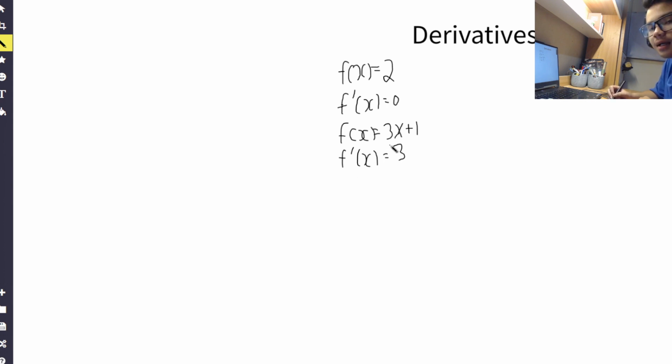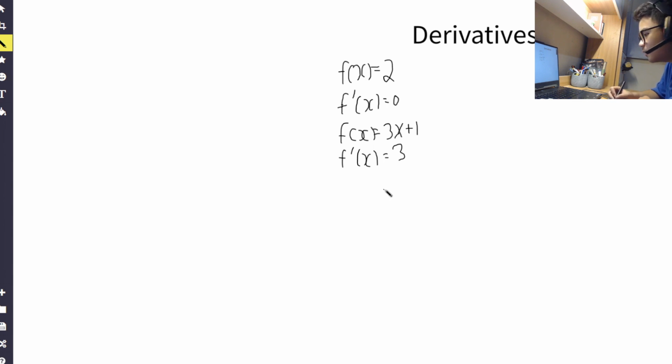If there's a variable and there's also a coefficient, when you take the derivative, the variable will be differentiated, which leaves us with 3.